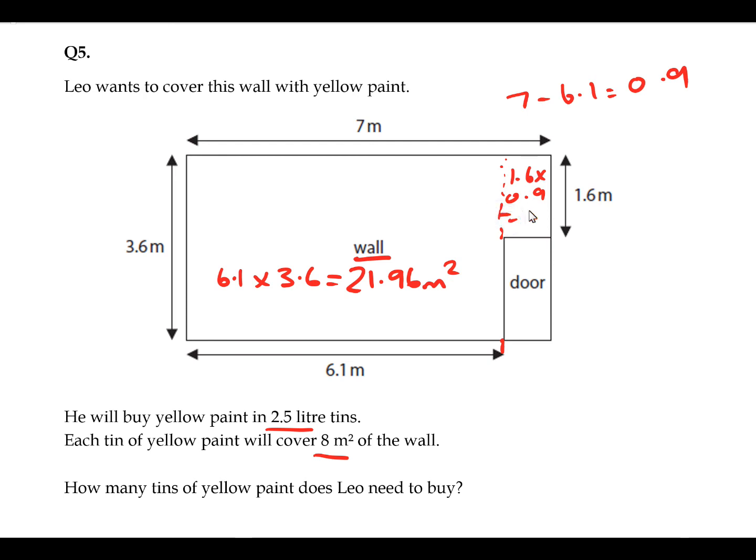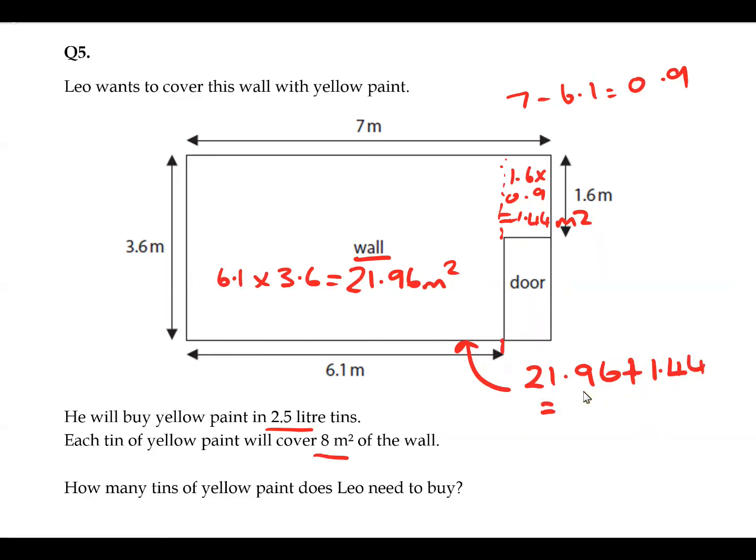So 1.6 times 0.9 gives you 1.44 meters squared for that piece. So the total area of the wall that he needs to paint is 21.96, and then we need to add the 1.44 for that little bit above the door.